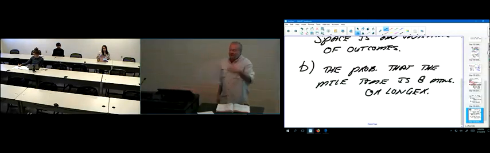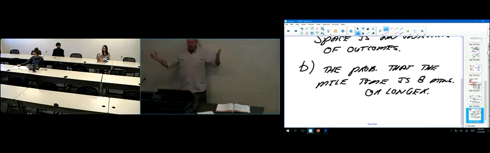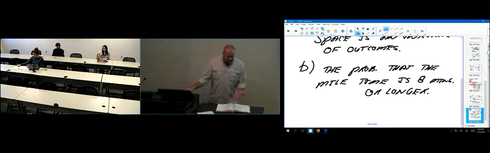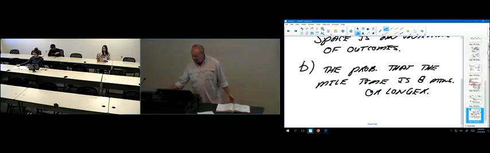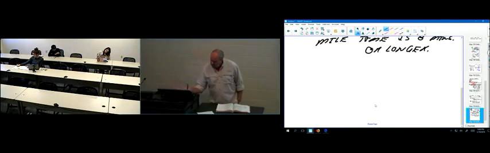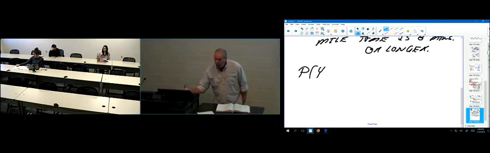You can say greater than or equal to 8 minutes. Either way is fine. The point is I want to know you know which direction you're looking. Then it wants to know what this probability is. In other words, they want me to find the probability that the runtime Y is at least 8 minutes or longer, greater than or equal to 8.